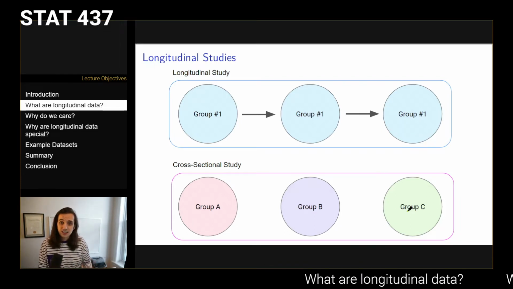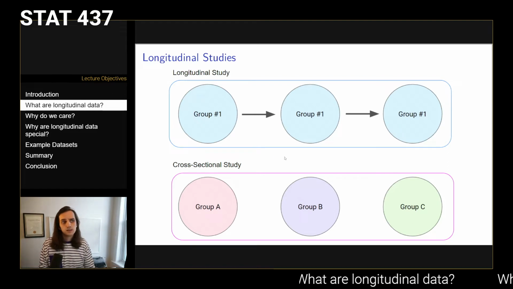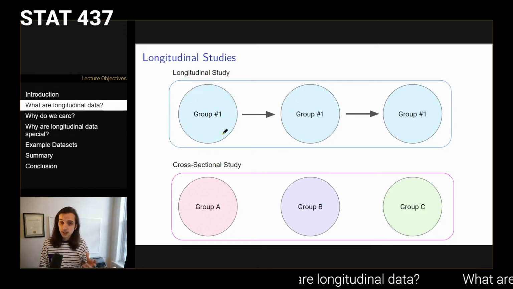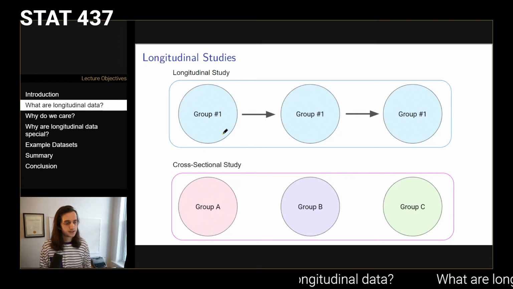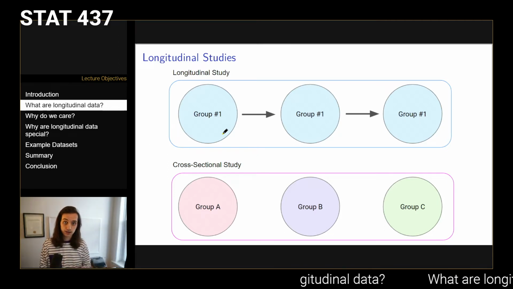Now, if you've taken a time series course, you might notice that longitudinal data and time series have sufficient overlap in terms of their structure, right? And so in fact, a lot of the methods that we use in longitudinal data are related to methods from time series analysis. So if you're familiar with time series, then some of this is going to sound familiar.